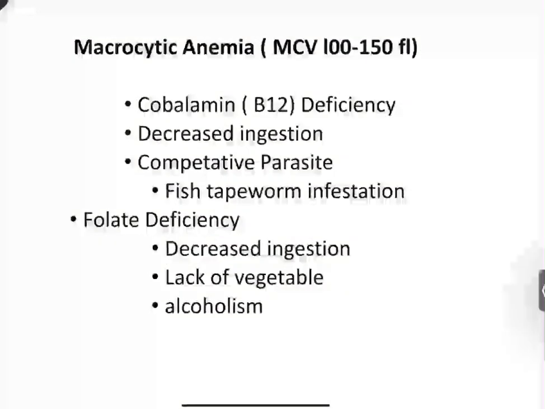Next is macrocytic anemia, with a value greater than 100. It is sometimes caused by cobalamin or vitamin B12 deficiency, or decreased ingestion of some vitamins and minerals like B12. Even competitive parasite infestation, like the tapeworm, especially Diphyllobothrium latum, competes with your body for B12.